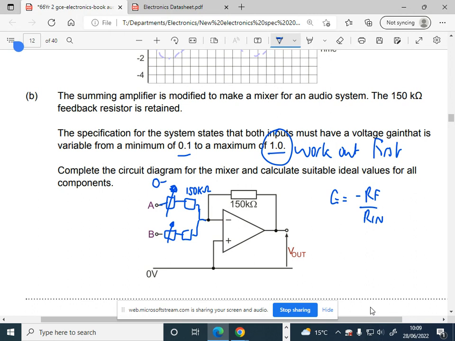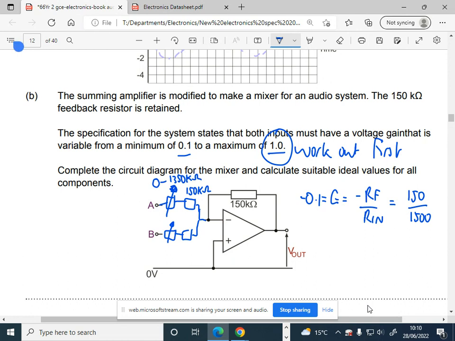So I need a value to increase that to give me a gain of 0.1. Is everybody happy, therefore? To give me a gain of 0.1, if I have that as 150, a gain of 0.1, I need that to equal 1500 to give me the 0.1. So what would that have to vary to? Does that make sense to everybody?